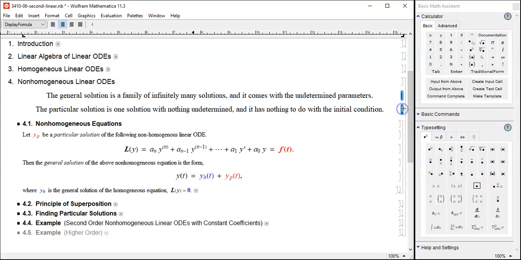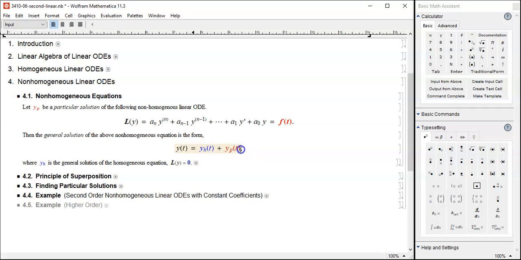At this moment, let's just focus upon how to use this, YH plus YP. YH is something we already discussed, so how to find YP is the focus of section 4. This distinction, YH versus YP, or Y versus YP, that's the focus.